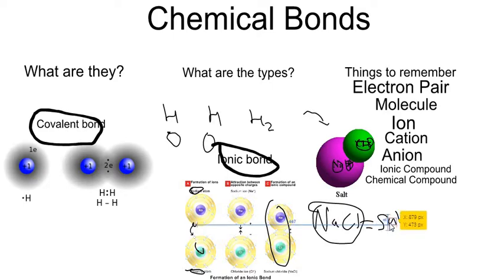And this sharing is called electrovalence, sharing of electrons. It's a very important word to know. And that's basically two types of chemical bonds, the main ones.